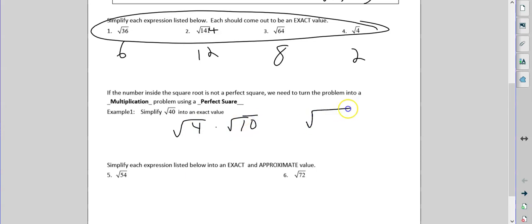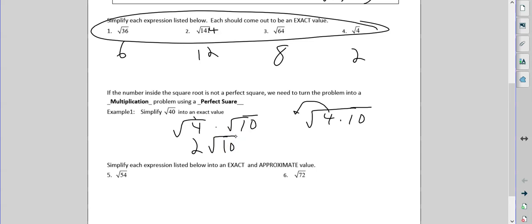You could also write it like this. Doesn't matter. It's the same thing. I always write the perfect square first because that is what we're going to take out. This one we're going to simplify to just 2 radical 10. 2 times the square root of 10.